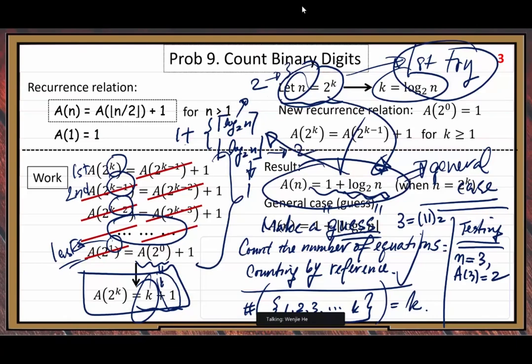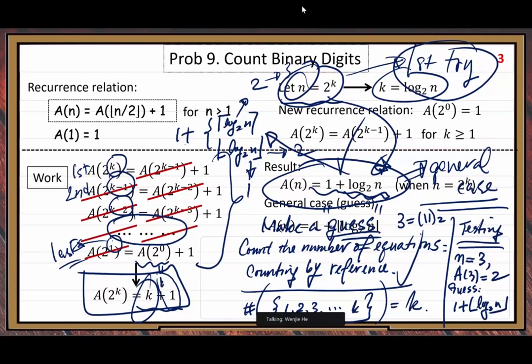That means the floor function is a better guess. So now our guess for the general case should be 1 plus floor function of log base 2 of n.